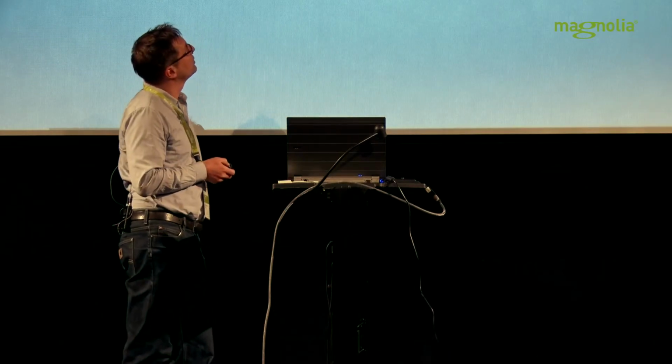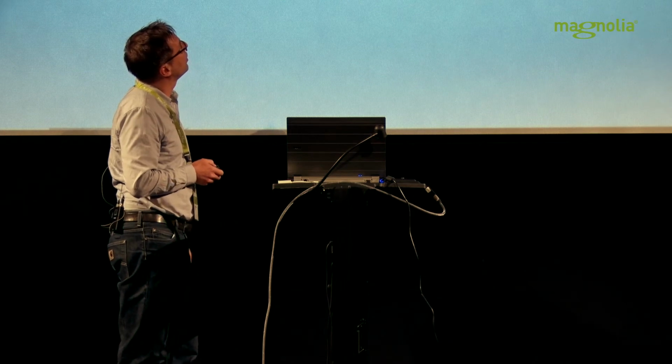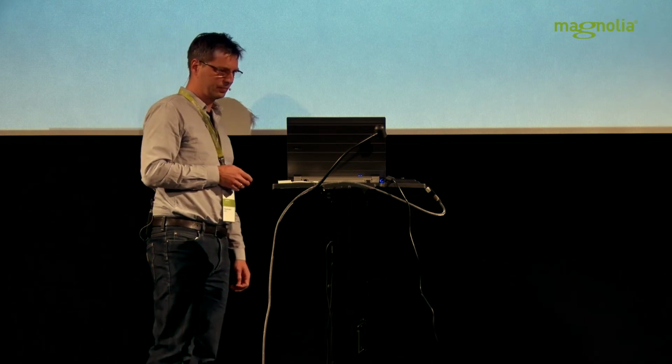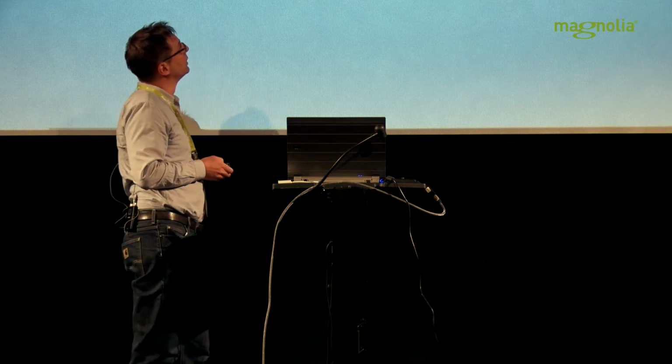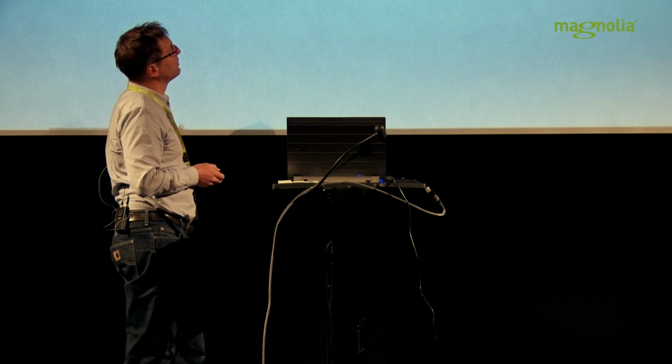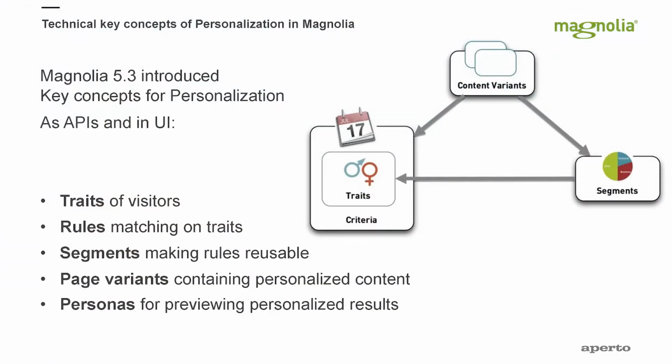And we already saw the segments. This is how you divide your visitor base. And essentially segments define rules that are related to traits of your users. So the traits, this is what you know about your user.